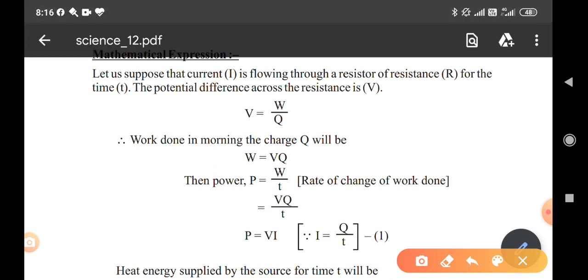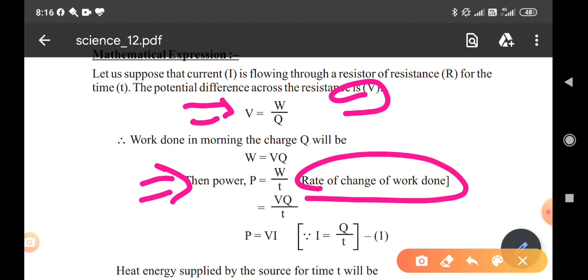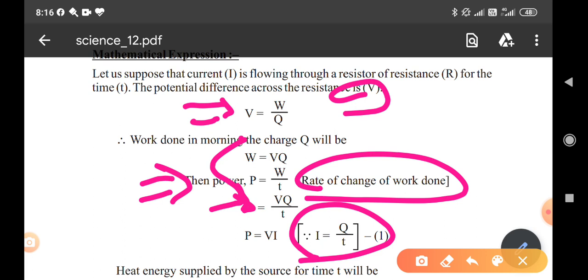The potential difference across the resistance is V. Therefore, as we know, V equal to W by Q, it means work done in moving the charge Q will be W equal to V into Q. Then, as we know that the rate of work done is power, power equal to W by T. On putting the value of W from the previous equation, we got P equal to VQ by T. As I equal to Q by T, replacing Q by T with I, hence P equal to VI.